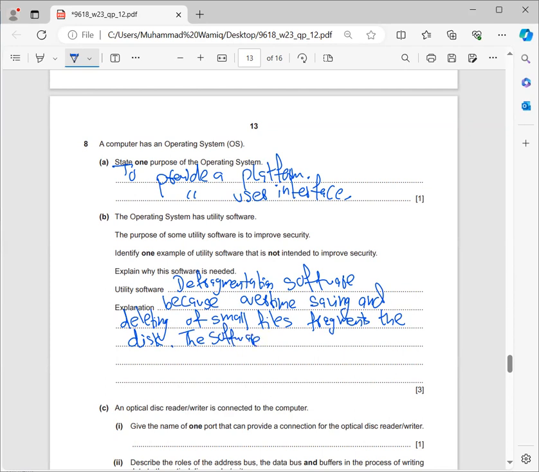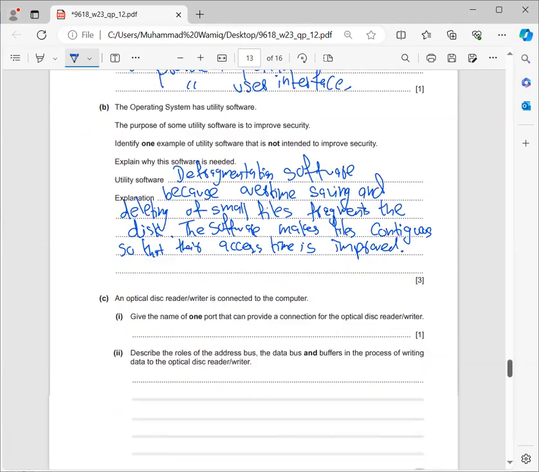The software makes files contiguous. Contiguous means that they are in a certain sequence so that their access time is improved. They are a lot faster. You can work on them efficiently.